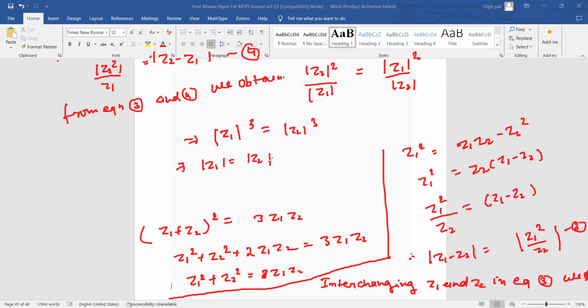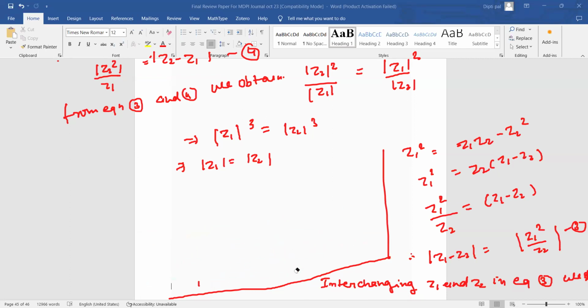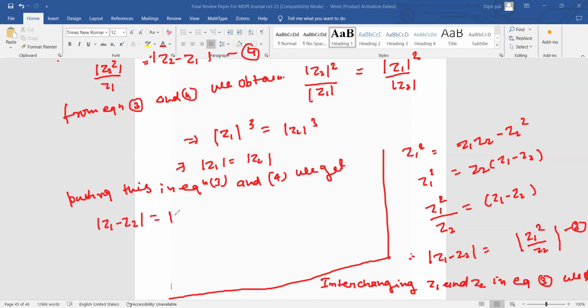If we put this in equations 3 and 4, we get modulus of Z1 minus Z2 equals modulus of Z1 equals modulus of Z2.